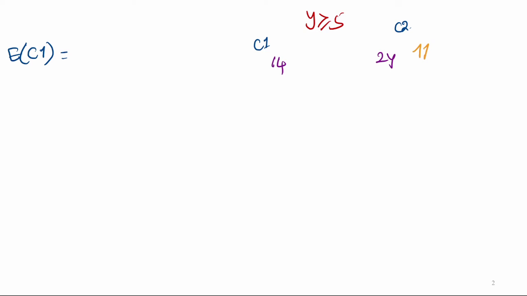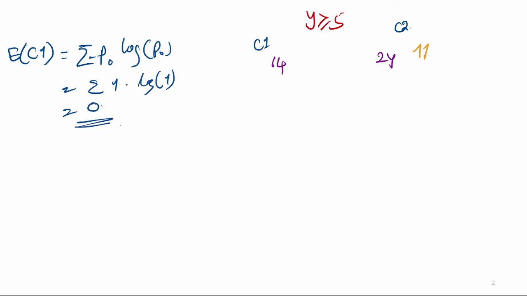This is minus the sum of p0 times log of p0, I forgot the minus sign. So this is 1 times log of 1, which is 0. So this is a 0 entropy state.